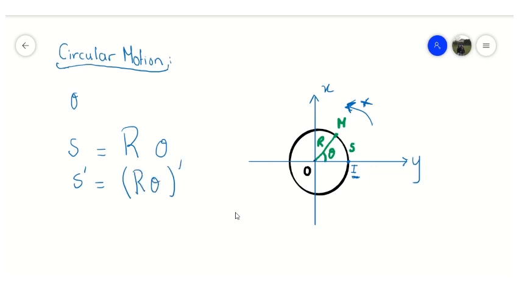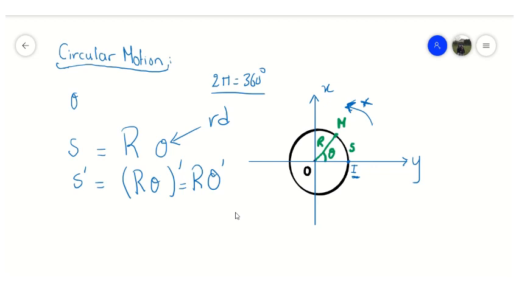But you all know that R is constant, so S prime will equal R theta prime. Theta prime varies with time. So we get S prime equals R theta prime. Here, theta is the angular abscissa. It's measured in radians, and you all know that 2 pi radians equal 360 degrees.